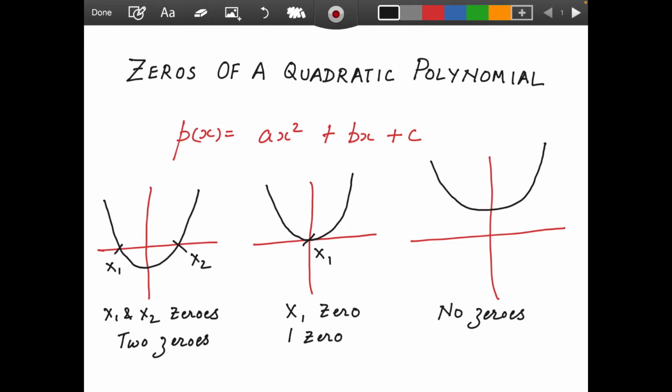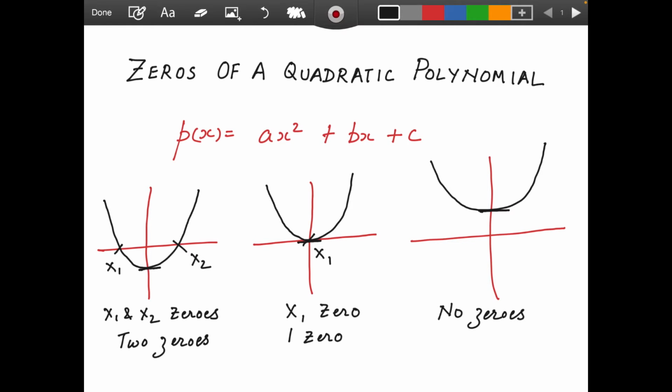If you carefully look at all these three graphs and look at the vertex of each, in this scenario this is the vertex, in the second scenario this is the vertex, and in the third scenario this is the vertex here. In the first graph, the vertex is lying below the x-axis.